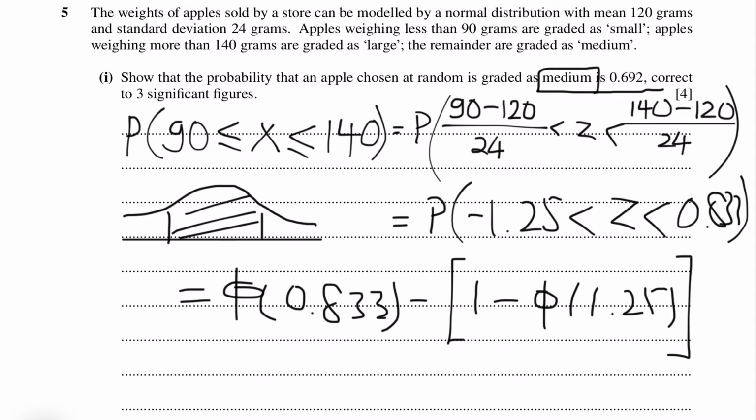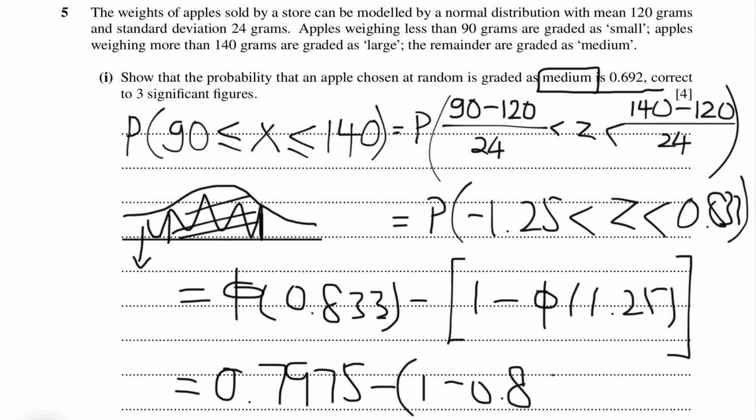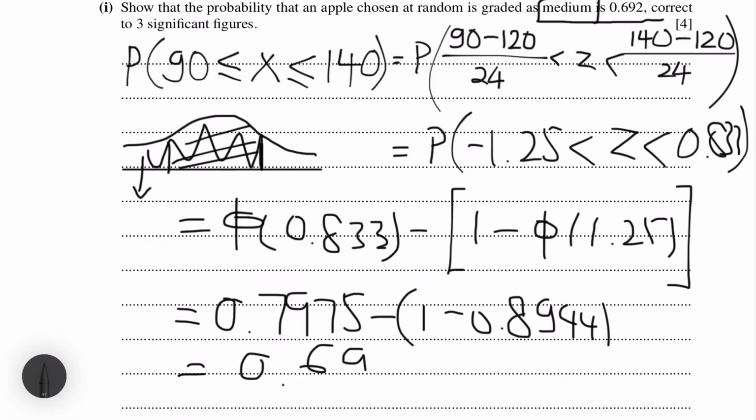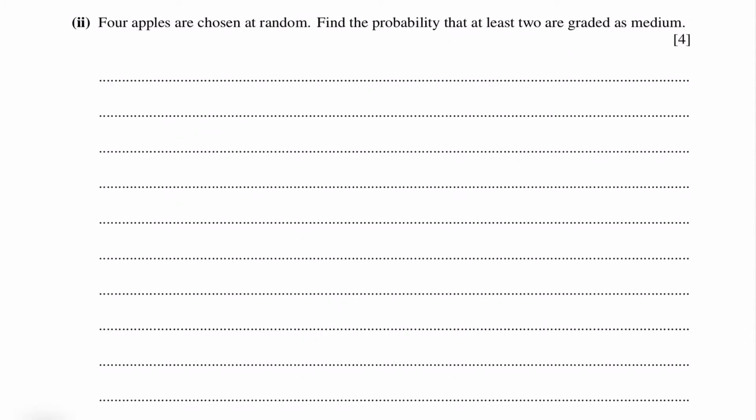This is because you're subtracting this part from 0.833, which is the whole thing. So 0.7975 minus 1 minus 0.8944, and this will give you 0.692, an estimation.